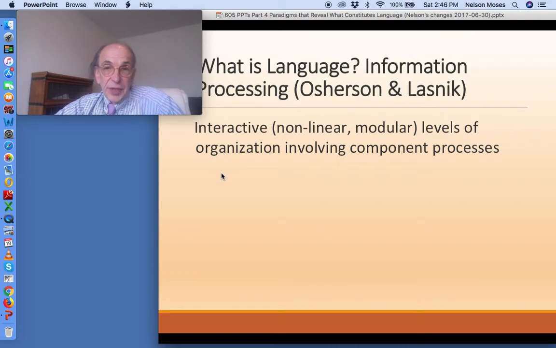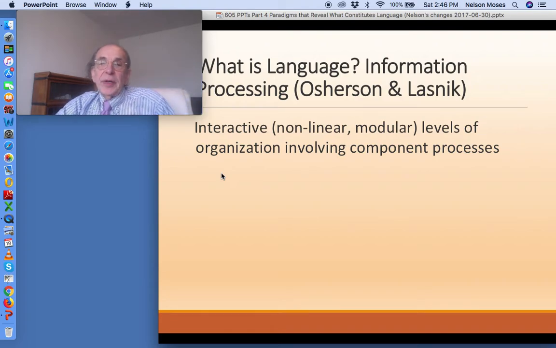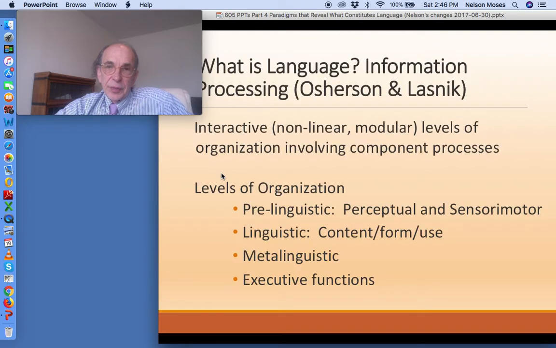Phonology has its own organization and rules. Syntax, morphology, etc., and pragmatics. And each are modular, meaning they're their own subsystems that interact. They're independent on one hand, but work together on the other.